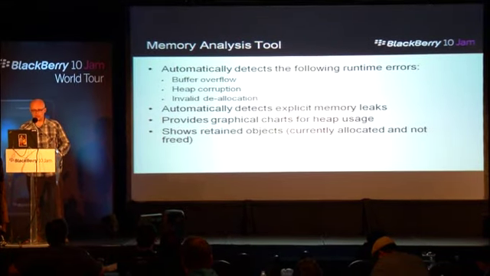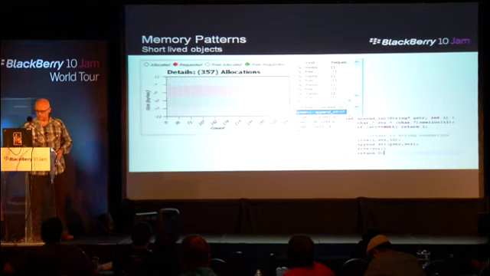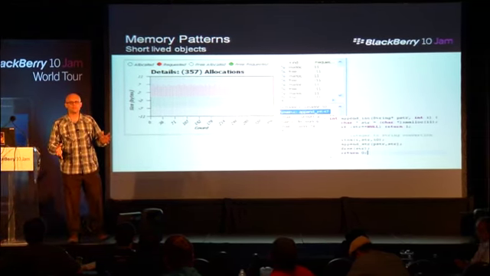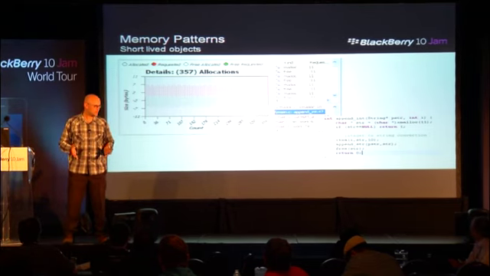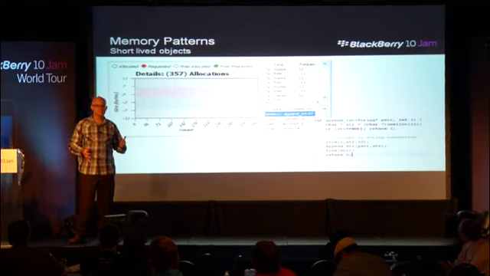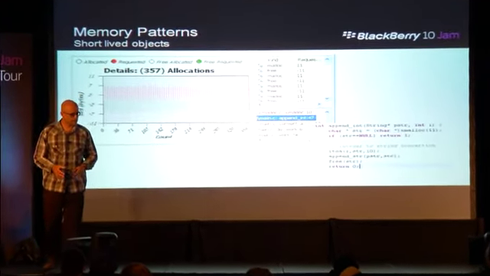Memory analysis, I think, is a fantastic tool. Now, jump ahead to these graphs, because this shows you that you're doing something far too often. Here you can see that there was an allocation immediately followed by a deallocation. So a new and a free, a new and a delete, again and again and again.